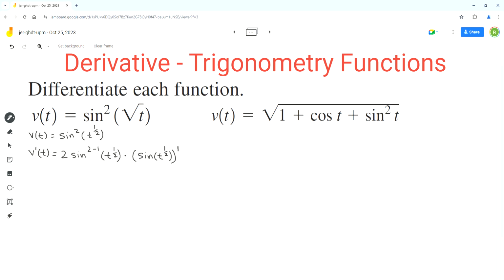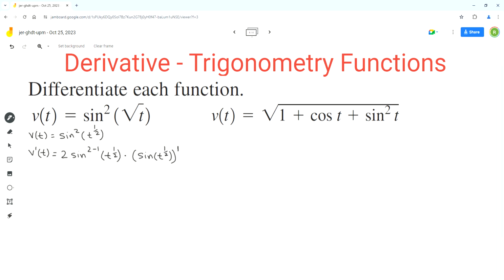Now the sine t to the power half is a composite function because there is this trig function sine and then there is this term with a rational exponent. So we'll find the derivative of this function in the next step using chain rule again.